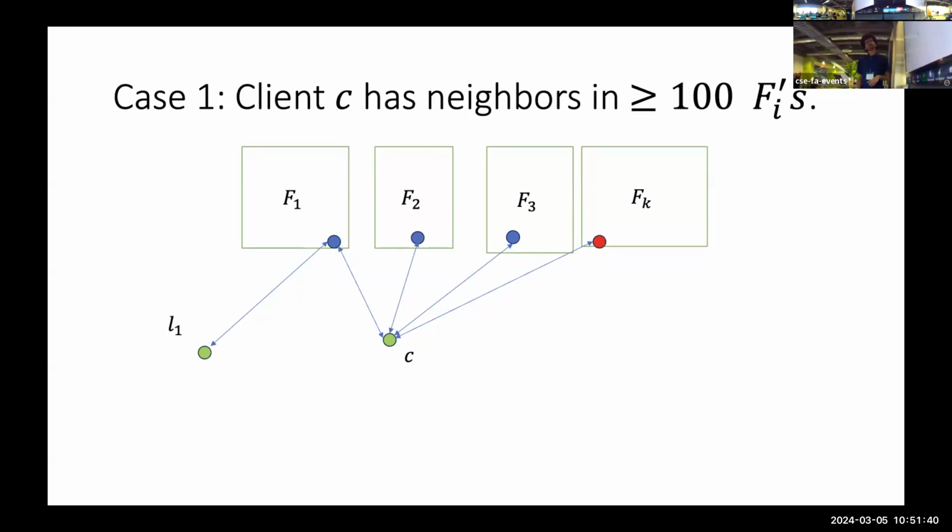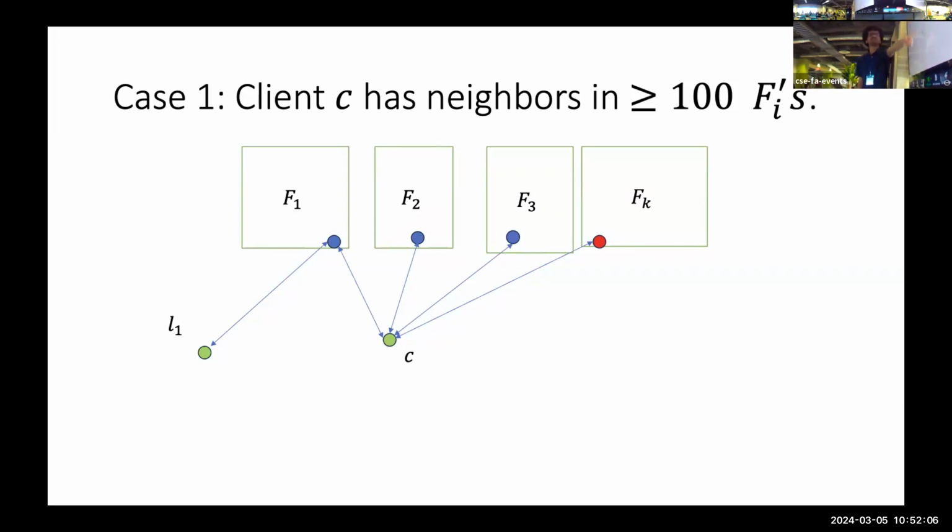Okay, so there are two cases. First of all, the neighbors of client C can be really distributed across all these Fi. Maybe it has neighbors in so many Fi, at least 100 Fis, let's say. In this case, the algorithm should be good because in each of these Fi, with probability P, we open the leader Li. And even if one of these leaders is open, let's say L1 is open, then you're going to get a cost of at most 2.